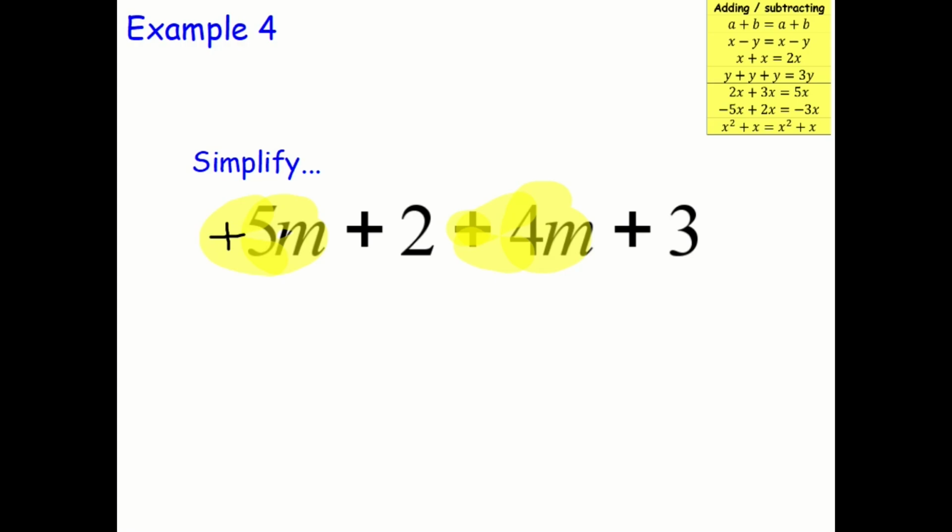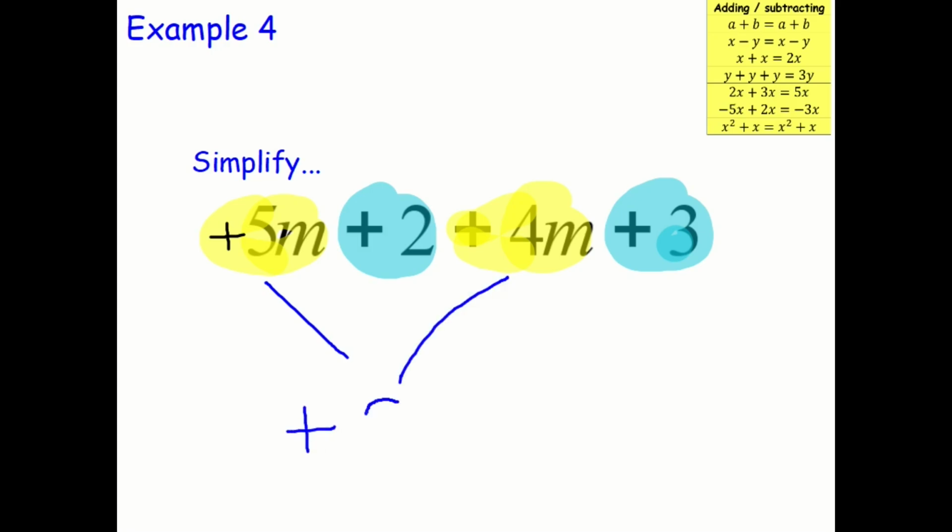And my other like terms are the plus 2 here and the plus 3 here. So I'm going to collect together my m's, and if I collect together my m's, I get positive 5m plus 4m gives me positive 9m, or you can just put 9m.